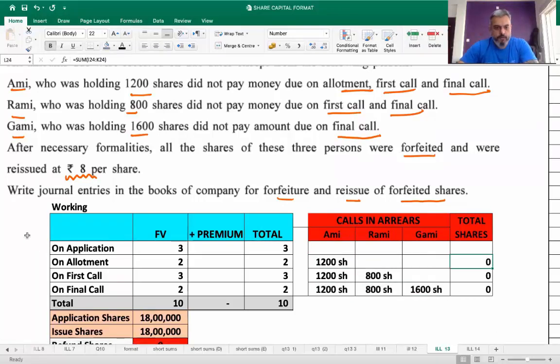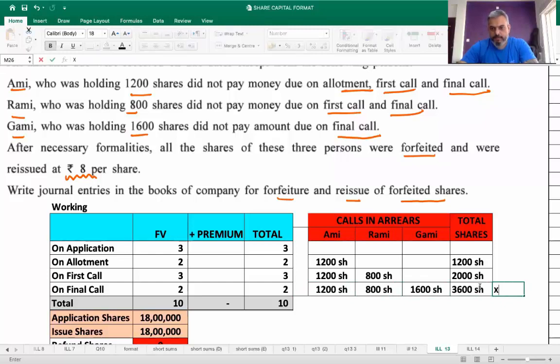So now on allotment, for 1200 shares total, we did not receive the allotment. For first call, 2000 shares, we did not receive the first call. And final call, 3600 shares, we did not receive the final call.